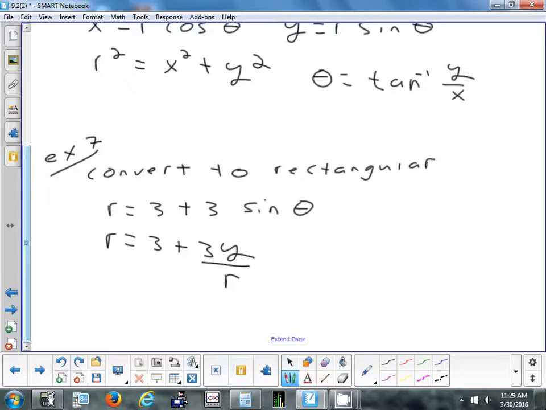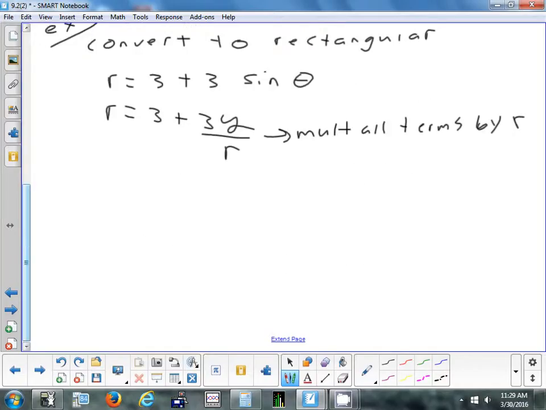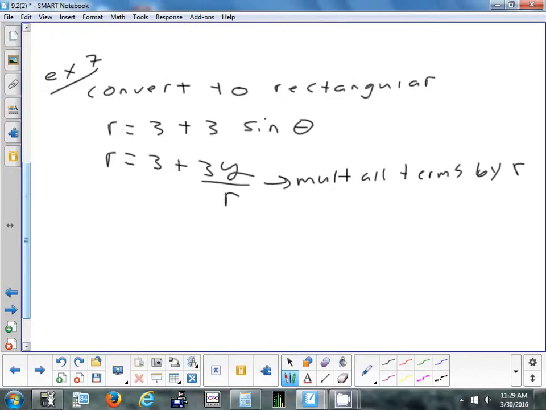Let's multiply all terms by r. That's just going to make it look a little neater. So what would I have on the left? 2r. R squared equals, plus 3y. I think that just looks a little nicer than the last one.